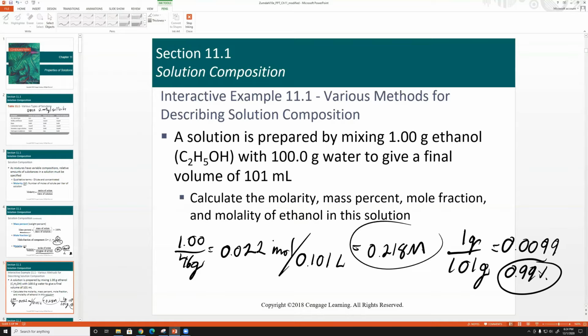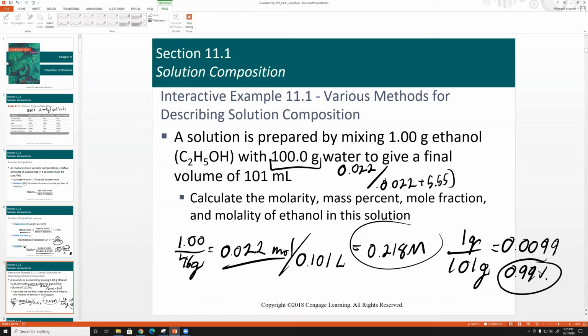So the mole fraction, we have the moles of ethanol. How many moles of water do we have? So 100 grams of water divided by the molar mass, what is that going to be equal to? Good, 5.55. Nice. So we have the moles of ethanol is 0.022 divided by 0.022 plus 5.55.